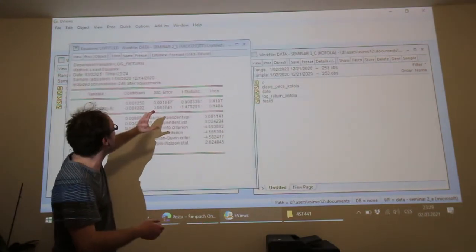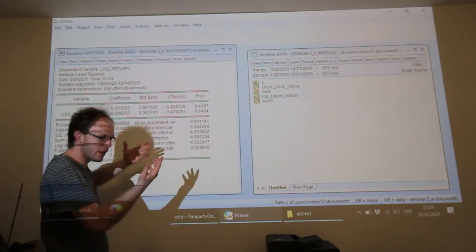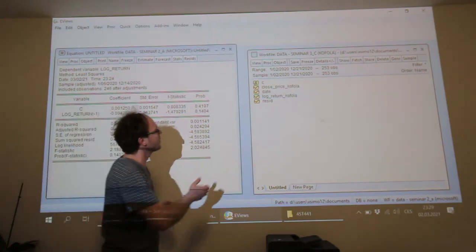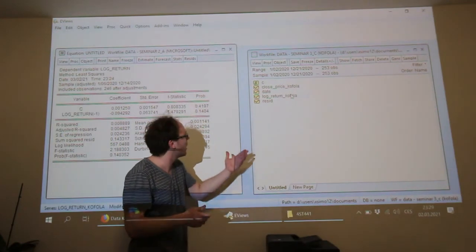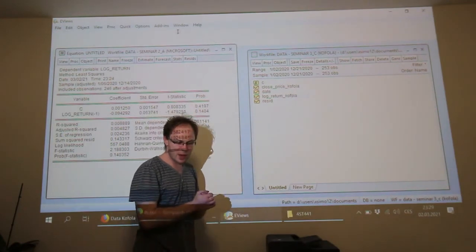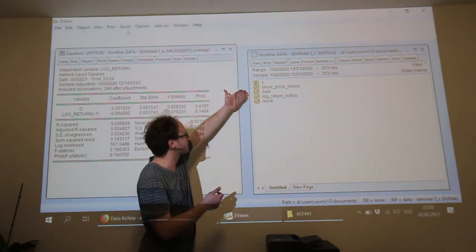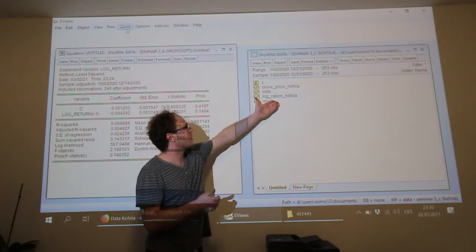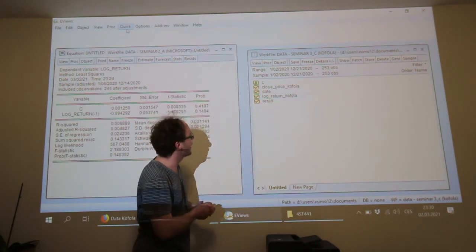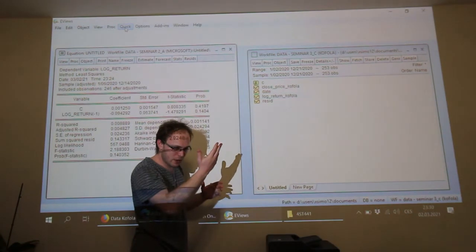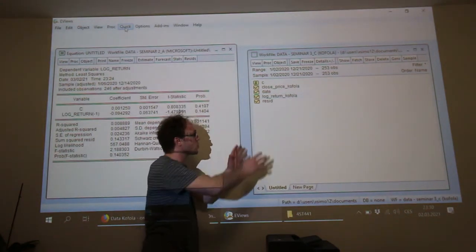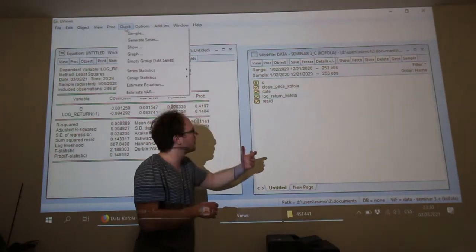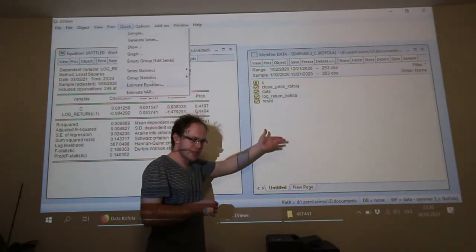So we can move this to the left side, and you remember that we already had another sample, another data set, about Kofola prices and log returns of the Kofola company. So we can create this artificial regression also here, in the second case.